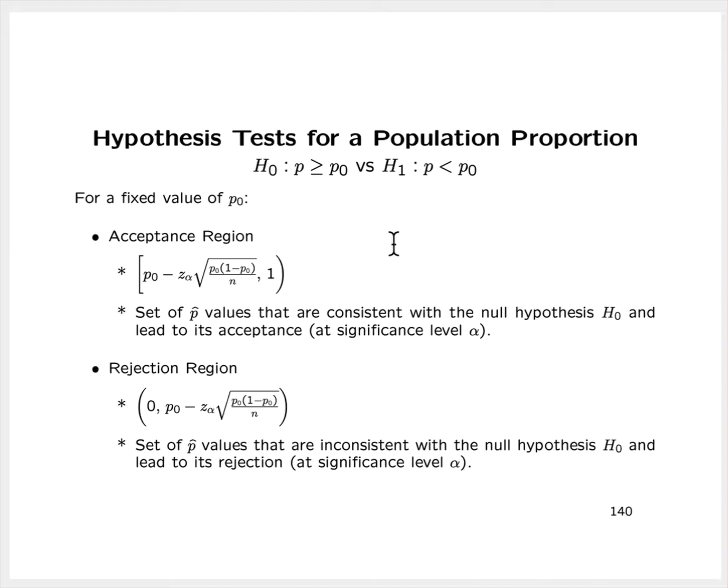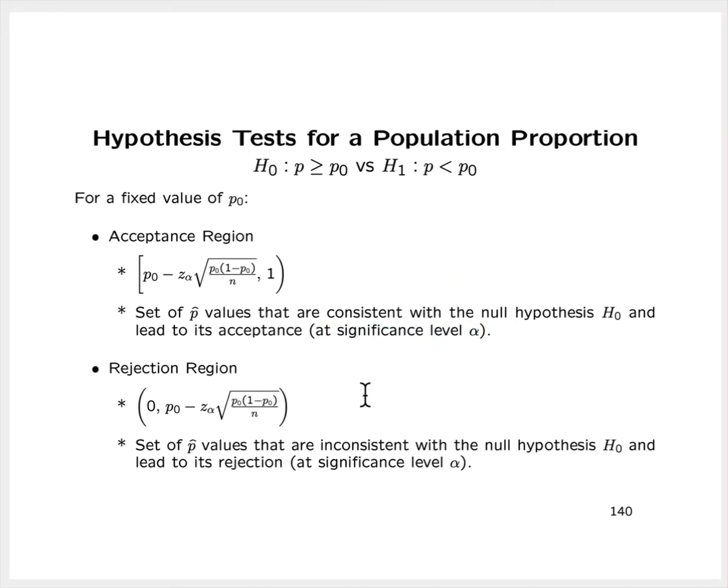The acceptance region is the set of values of p hat that are consistent with the null hypothesis, and therefore they would not lead us to reject the null hypothesis. We can also say that it would lead us to accept the null hypothesis, and again, we're talking about at a significance level of alpha.